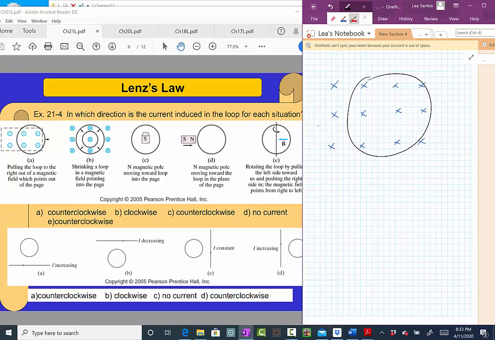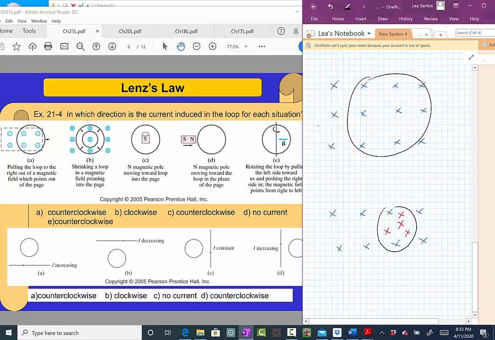What we are going to do now is not change the magnetic field, but we are going to decrease this area. Okay, by decreasing the area, you see now that the number of lines going through the loop is much smaller. So we are going to induce a current to recover those many lines.